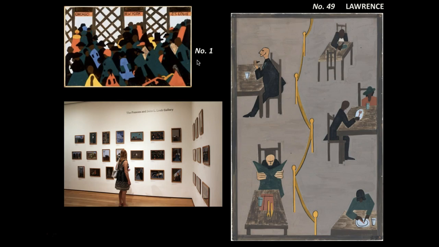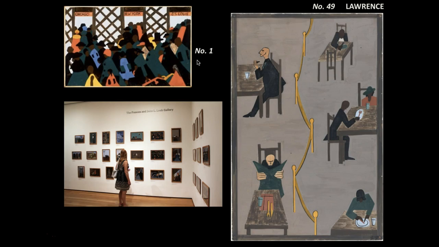In 1941, he is going to break a great racial barrier because he is going to be the first African American artist whose work was acquired by the Museum of Modern Art in New York, or MoMA. They are going to purchase half of this series, and the other half of the series is going to be placed in another museum in New York.